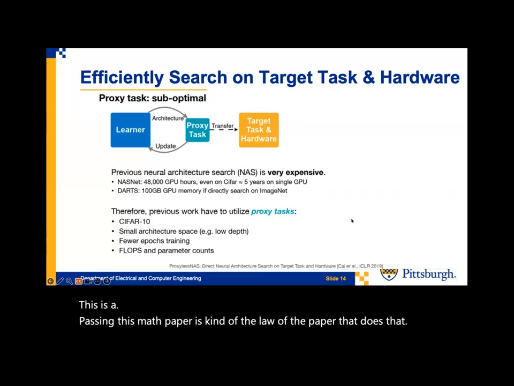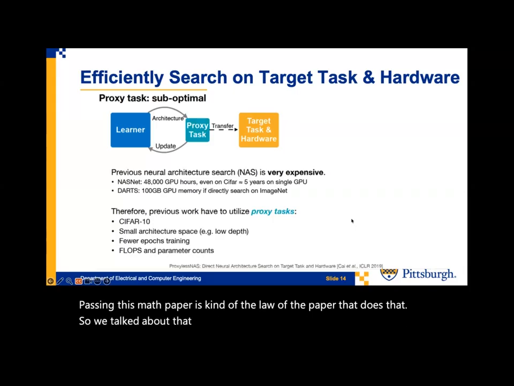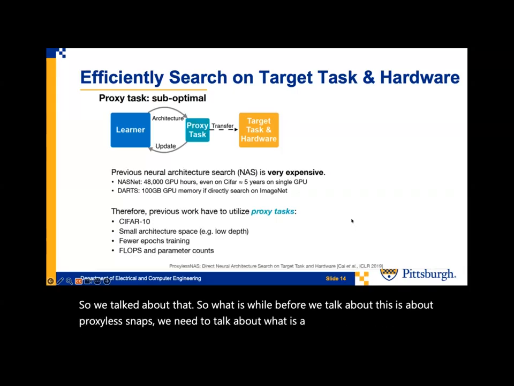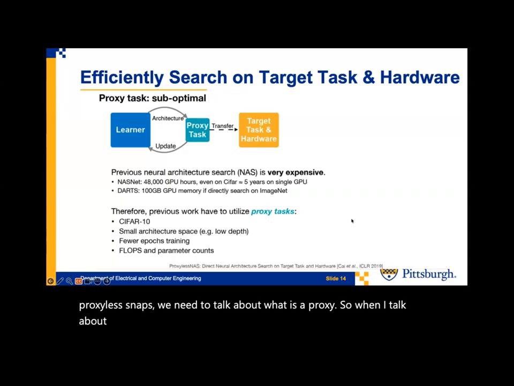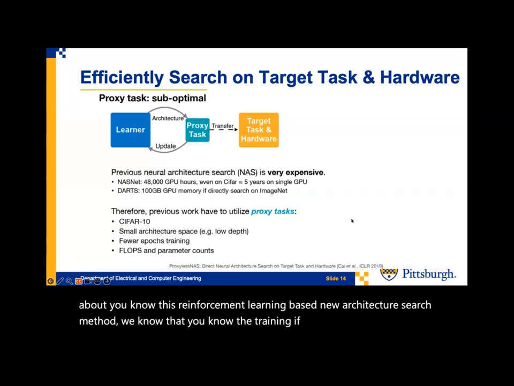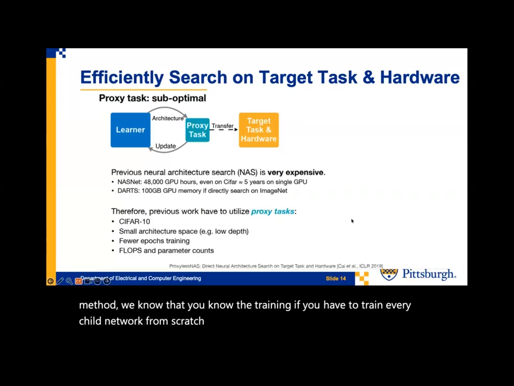Before we talk about this so-called proxyless NAS, we need to talk about what a proxy is. When I talk about this reinforcement learning based neural architecture search method, if you have to train every child network from scratch, it takes much longer time. Not to mention if you want to do this for a larger data set, right?